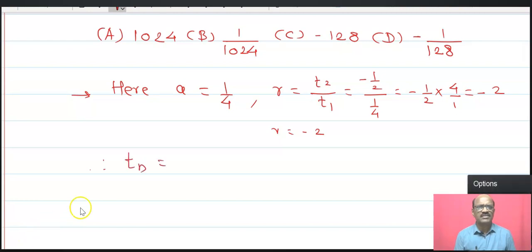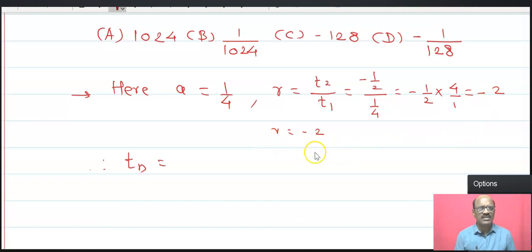Again, A is equal to 1 by 4, R is equal to T2 upon T1, which is minus 1 upon 2 divided by 1 upon 4. When it is divided, it is multiplied by the reciprocal, which is 4 upon 1, and that is equal to minus 2, and hence R is equal to minus 2 here.